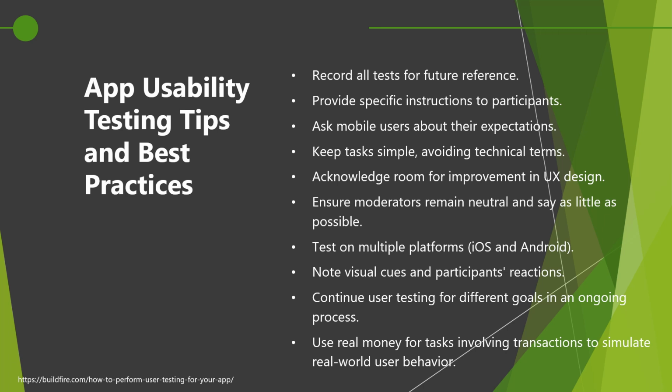You want to test on iOS as well as Android. And then note visual cues and maybe your participants' reactions. Then you want to continue user testing, maybe for different goals, in an ongoing process. And then last, use real money for tasks involving transactions to simulate real-world user behavior.